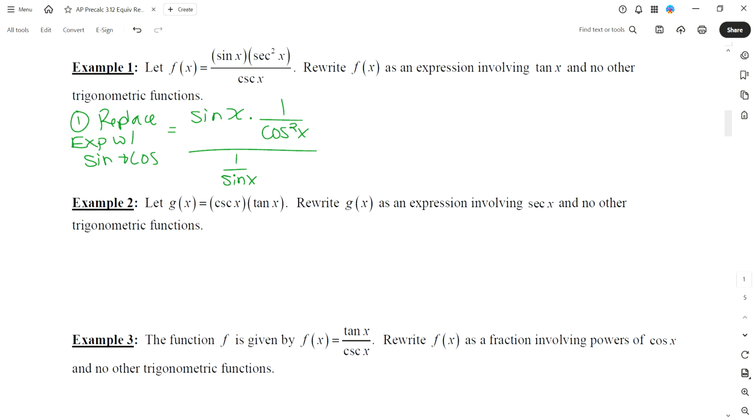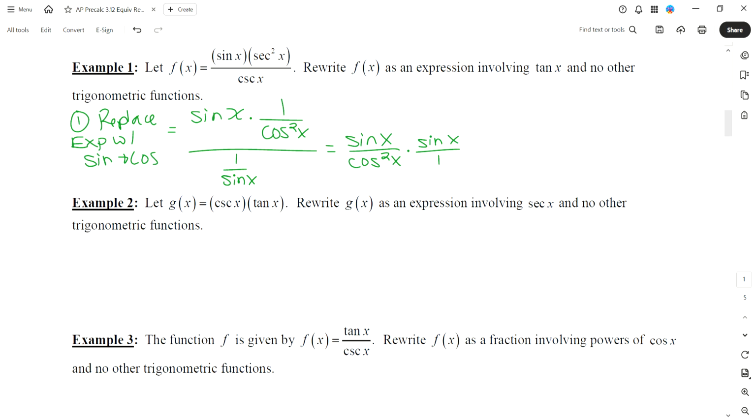So this expression is the same thing as sine of x over cosine squared of x times the reciprocal. What's the reciprocal of 1 over sine? Sine. If you want to put the 1, you would do that. This has just become a lot easier and much more simple.